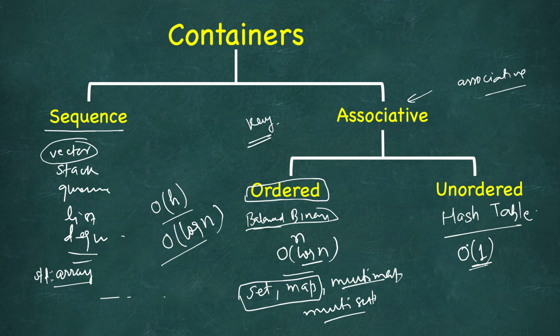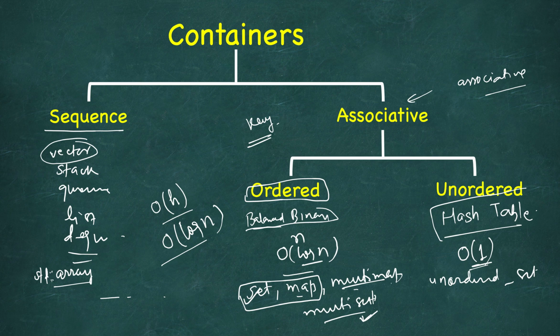And in the unordered case, again we have set, map, multi-map, multi-set, but we write them as unordered set, unordered map, unordered multi-set, unordered multi-map. And these are implemented using hash tables. In sets and multi-sets, we don't have an associated value with the key. The value itself is acting as the key. In the map and multi-map and unordered map and unordered multi-map, we have a key and we have a corresponding value.